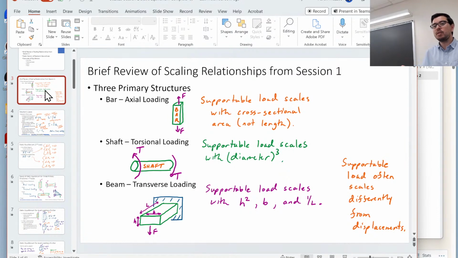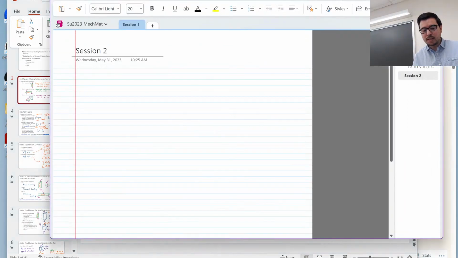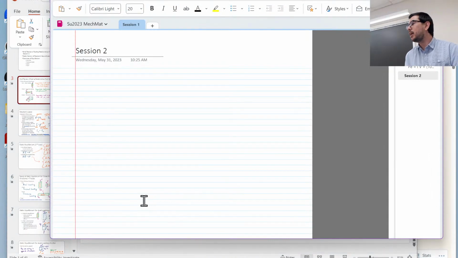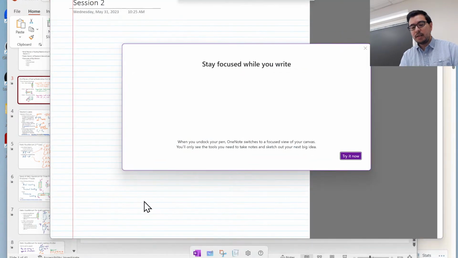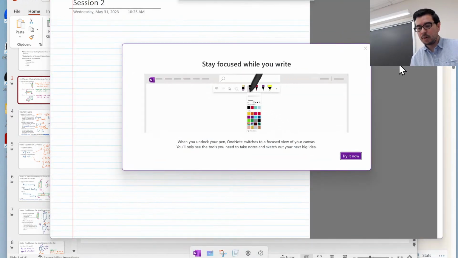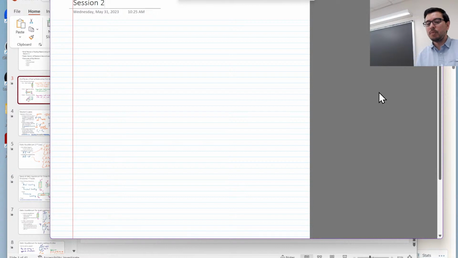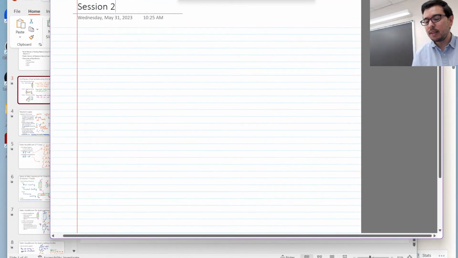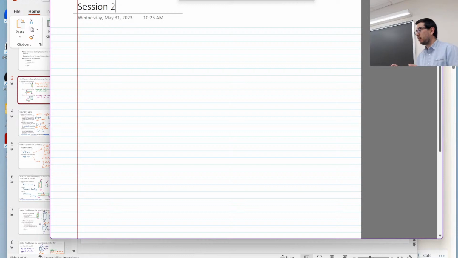But the method of joints is a little bit different. This is a review section, so I just want to take a couple minutes to point out some aspects that may at times be a little bit confusing, and I think are worth pointing out.